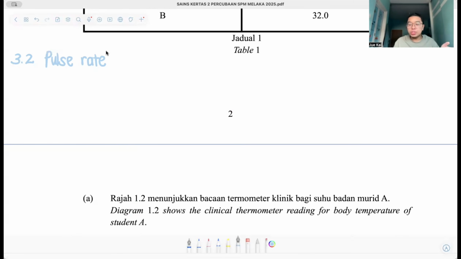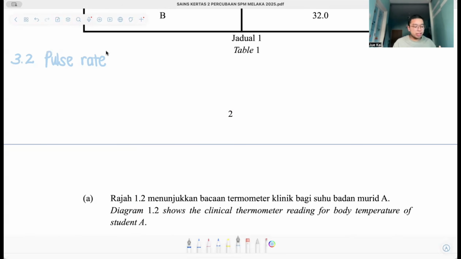You go to my YouTube channel and watch majority of the past year questions, majority of the trial questions, the first question confirm come out pulse rate. But this Melaka paper, it comes up with what? Body temperature. So really obvious that question 1 is always chapter 3, form 4.